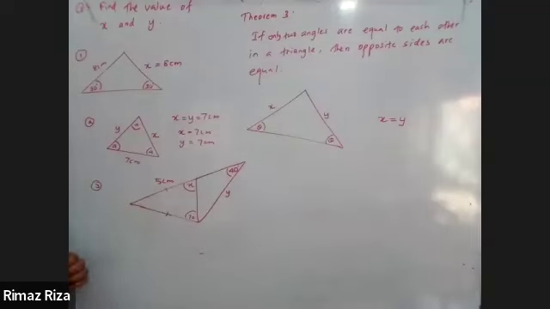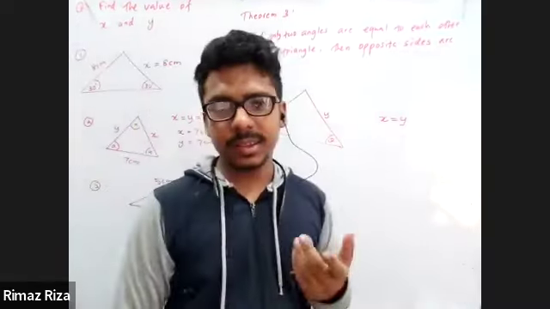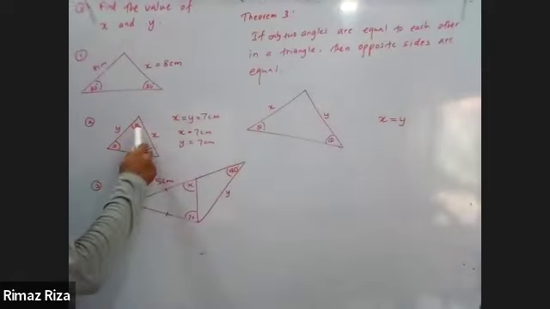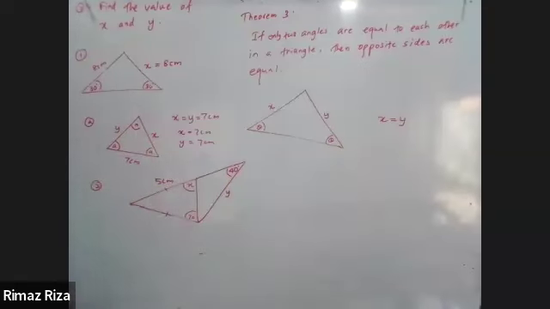Okay, I'll ask an additional question. What is the value of a? Since it's an equilateral triangle, each angle is 60, right? So a equals 60 degrees. Let's see who finishes the third question. You have to find both x and y. This is correct. This is wrong.